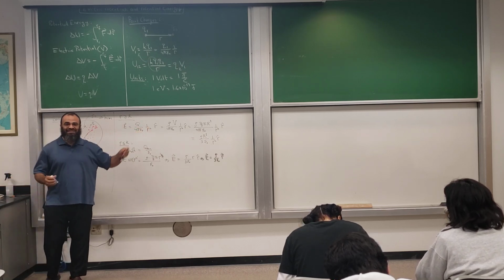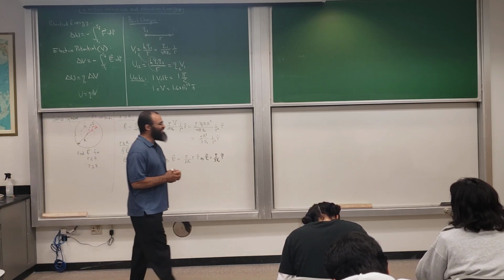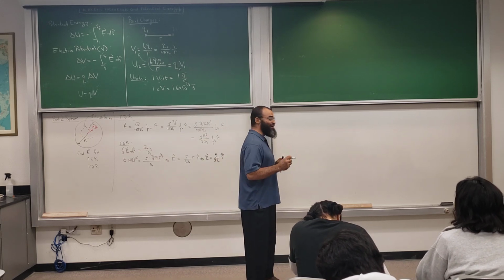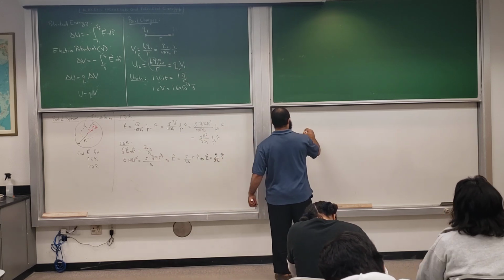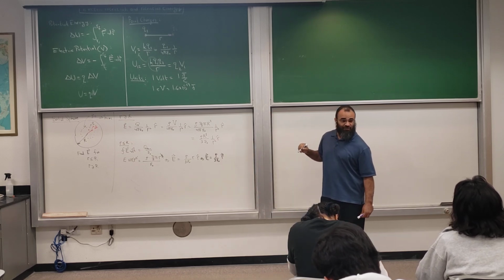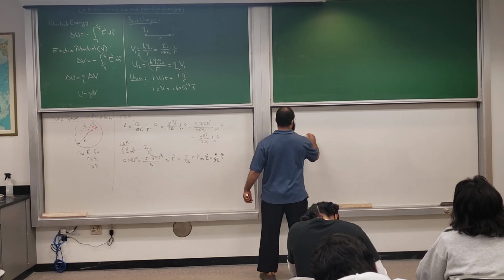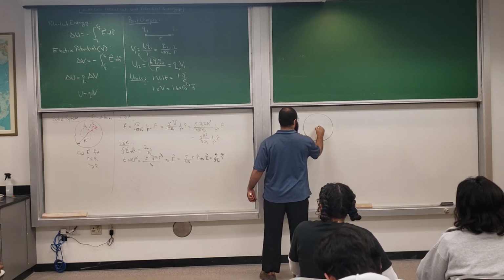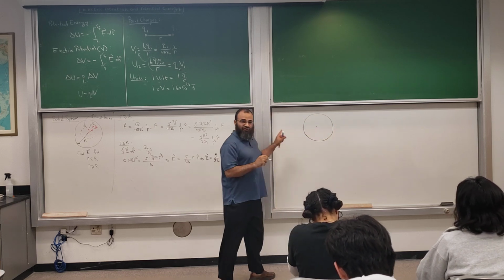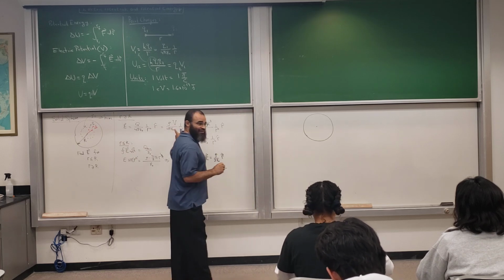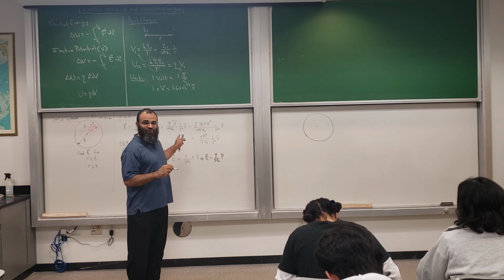Because the reason is this next problem. Here is a sphere. Okay, ready? This next example looks like this. The same solid sphere we had earlier, right? Again, solid sphere, charge density rho.